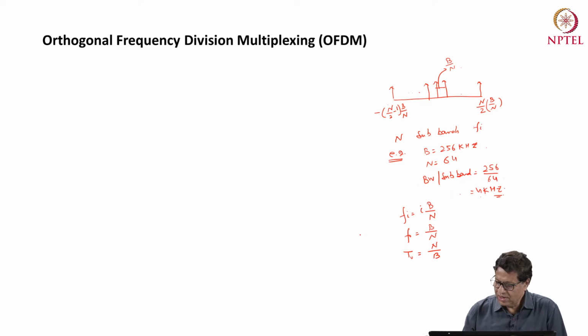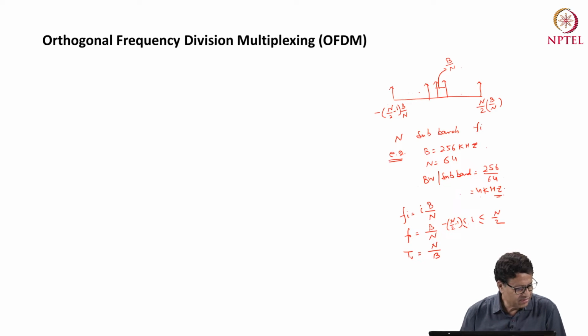So now there are Fi subcarriers, and i goes from minus N by 2 to N by 2 minus 1.